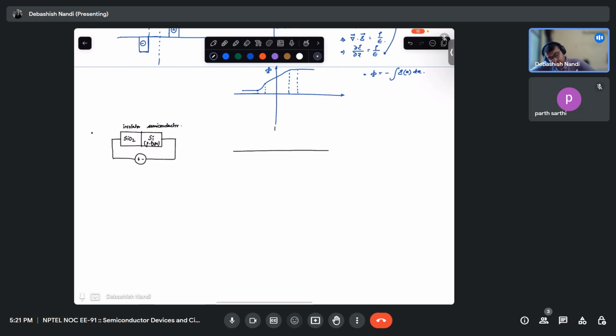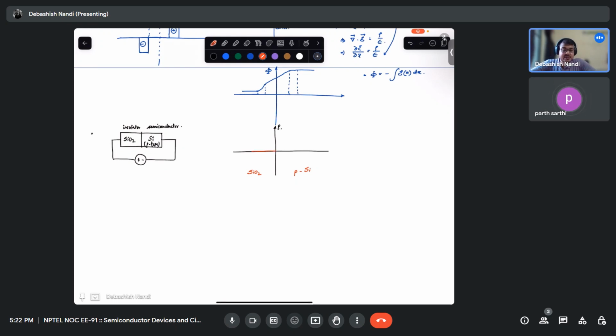So how will the charge profile look like? Can you comment? Till origin it will be 0, then SiO2, and then this is your silicon, p-type. So how will the charge profile look like in the SiO2 region? What is the free charge in SiO2? 0, SiO2 is an insulator, so there will be no free charge, right?